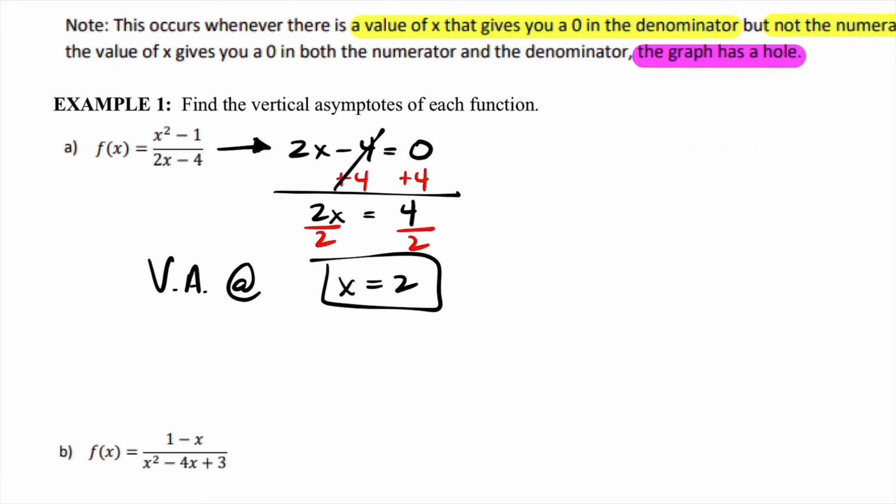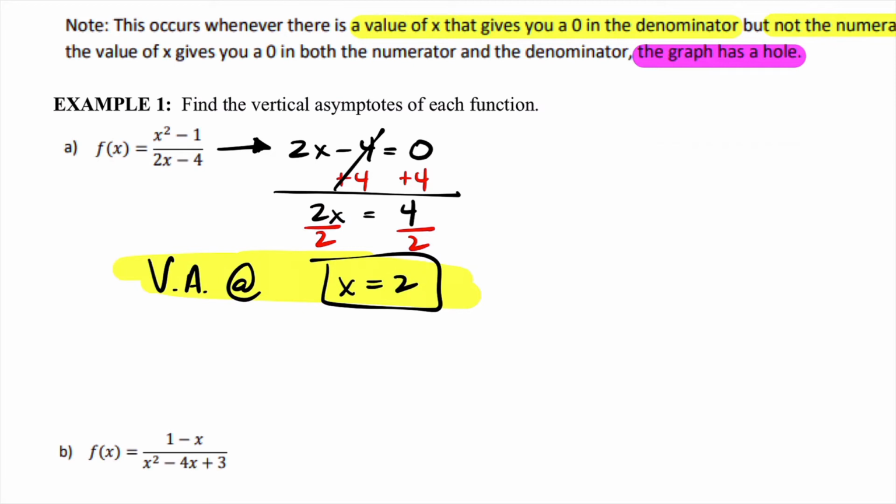So we have to do that. When I plug in 2 up there, 2 squared is 4, minus 1 is 3. Now I have confirmation that yes, this is a vertical asymptote. Be careful there because it might just be a hole. So you want to check that.